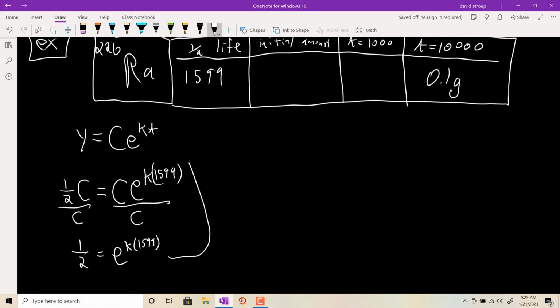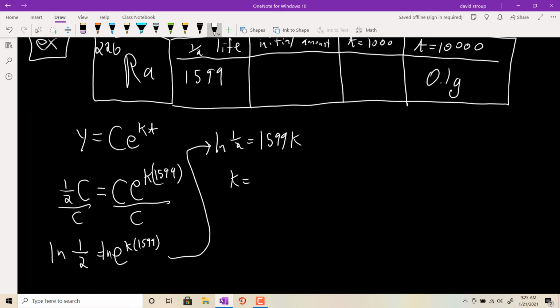Then you could take the log on both sides, get ln of 1/2 equals ln of e to the k times 1599, and there'll be cancellation, so you just end up with 1599 k. So I just took the ln on both sides. And then solve for k.